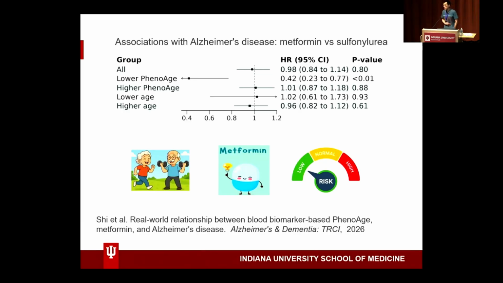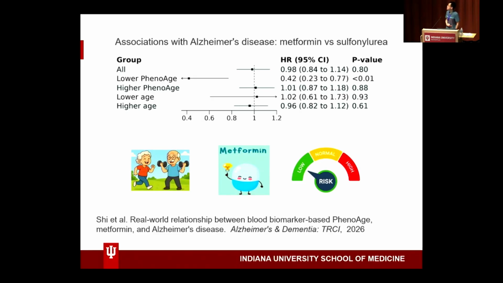So we use a recently developed PhenoAge model to try to estimate the biological age of the individuals based on non-blood-based biomarkers. Then we conduct the biological age-specific subgroup analysis as well as the age-specific subgroup analysis.